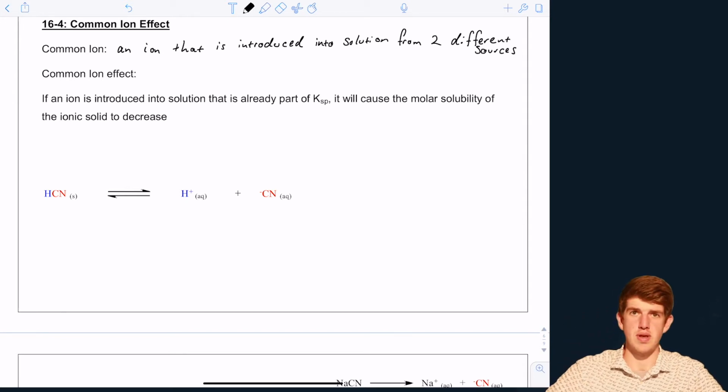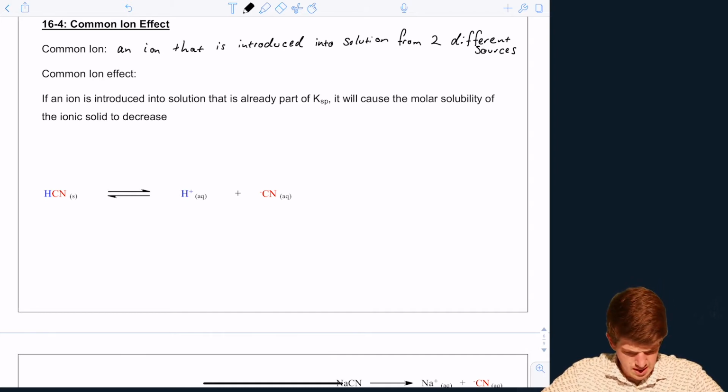And what is that going to do? Why do I care if I have an ion coming into solution from two different sources? Well, the common ion effect is that if an ion is introduced into solution that is already part of KSP, it will cause the molar solubility of the ionic solid to decrease.